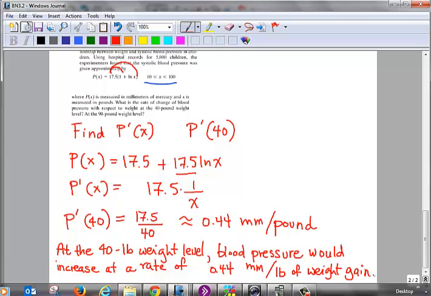Okay, so again, P prime gives us the rate of change of P with respect to x.